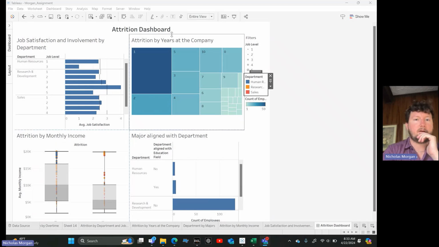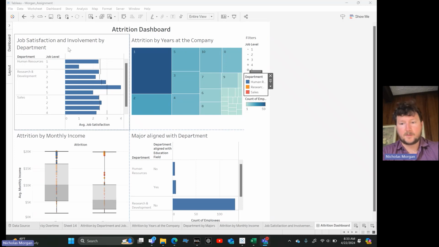As you can see here, I'll move into our first segue, which is the job satisfaction and improvement by department. And obviously, you can see the three departments listed to the left and their job level in those departments right beside it. And you can see the job involvement with these bars right here.